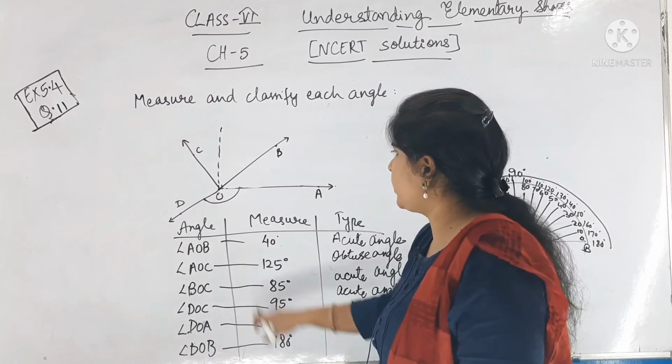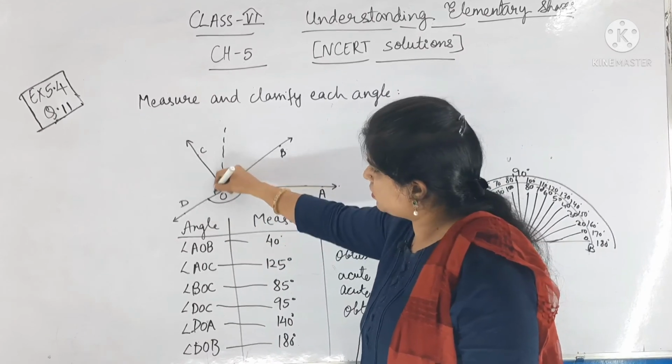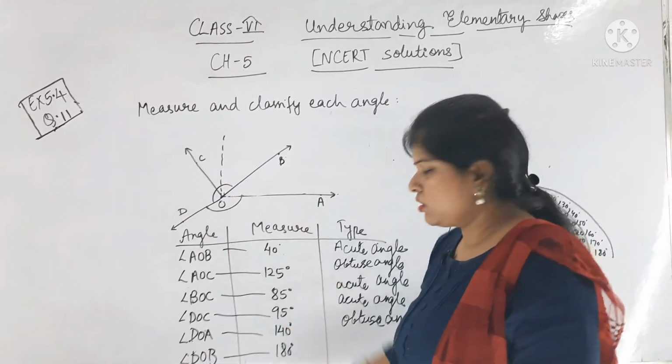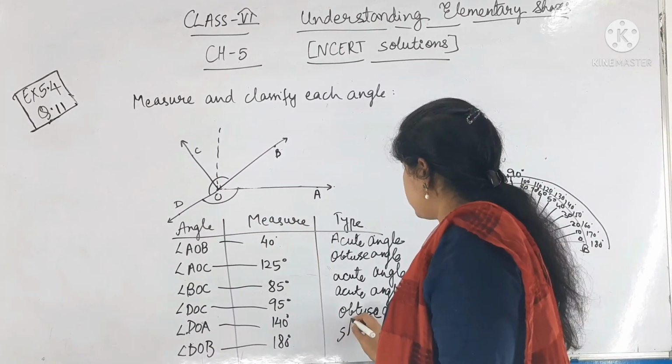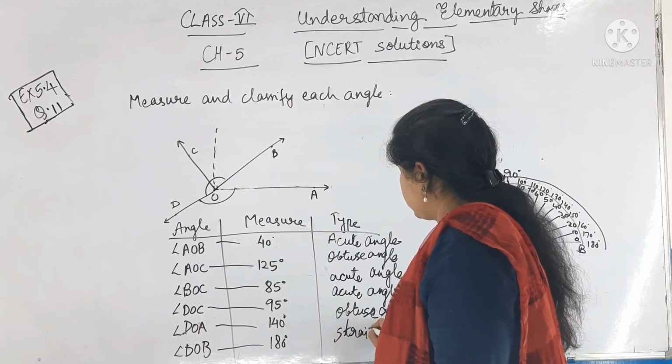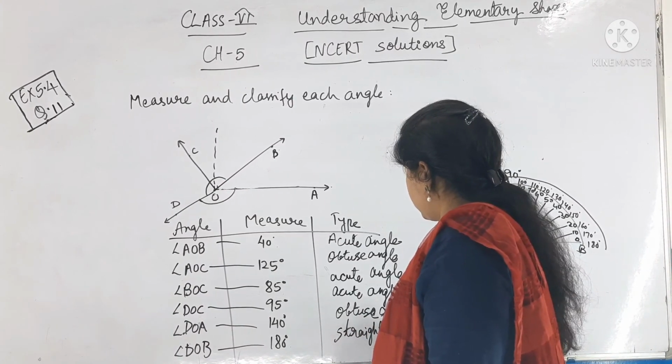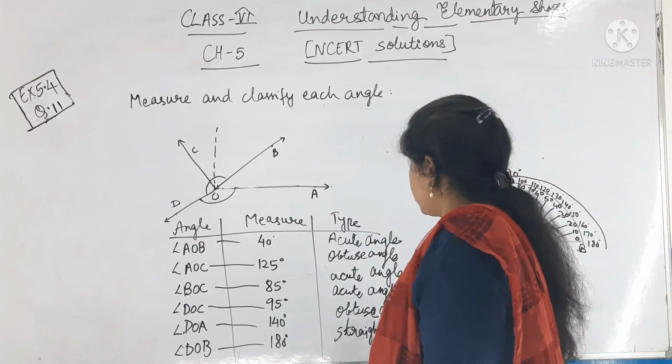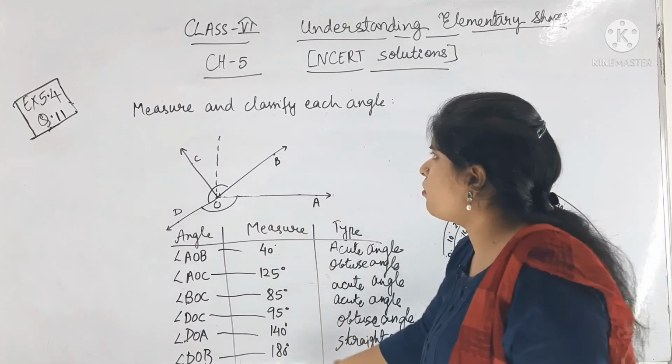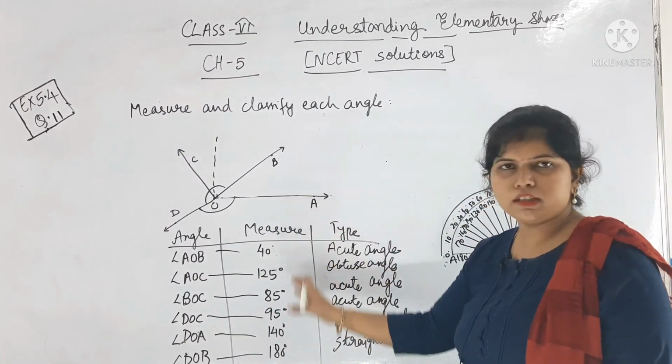Angle DOB, you can see it is a straight line, so that is your straight angle. Okay, so this is about question number 11, that is measures.